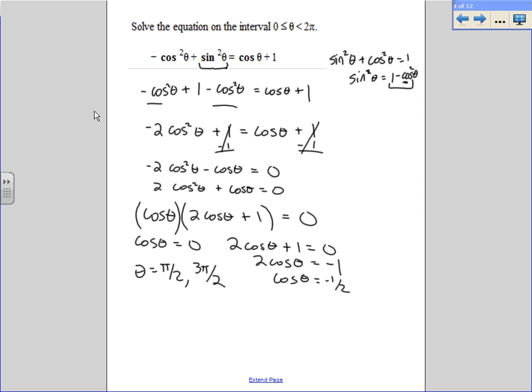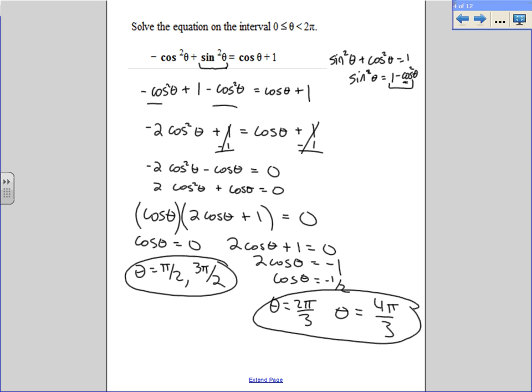Now I'm going to look on my unit circle and see, well, where is the cosine negative 1/2? Cosine is negative in the second and the third, so I'm going to find it in one of those two. So it's negative 1/2 at 2 pi over 3, and it's also negative 1/2 at 4 pi over 3. So now I got those 2 solutions and these 2 solutions. Got 4 solutions to that one there.